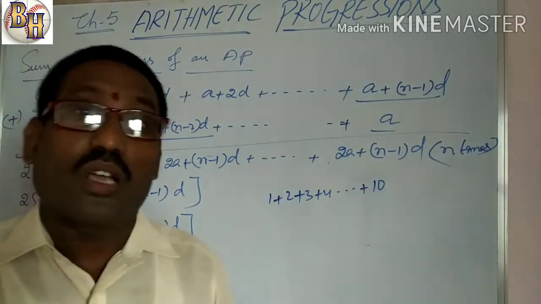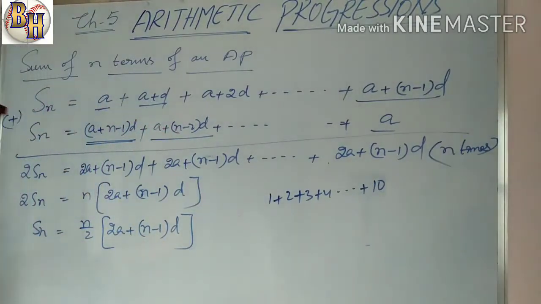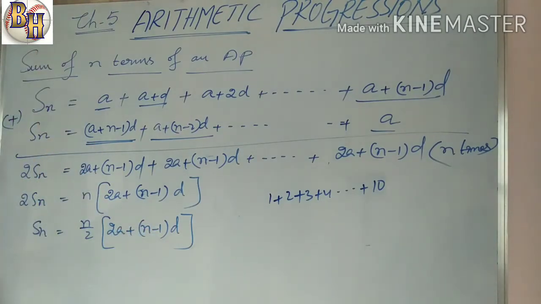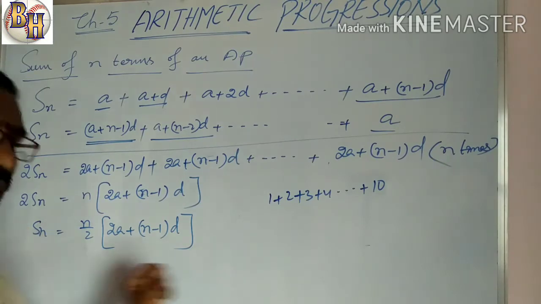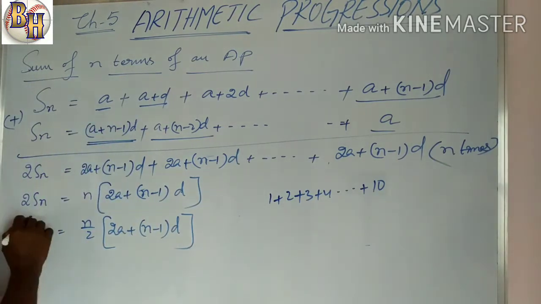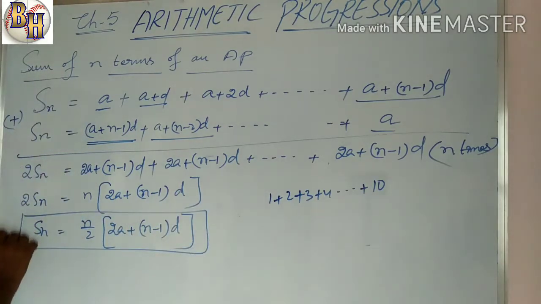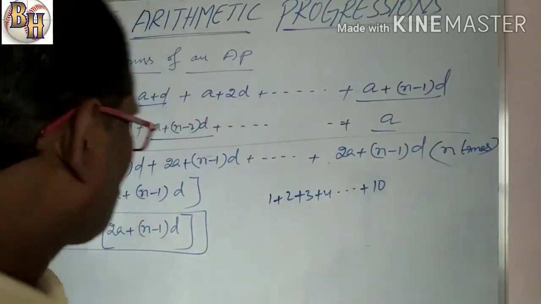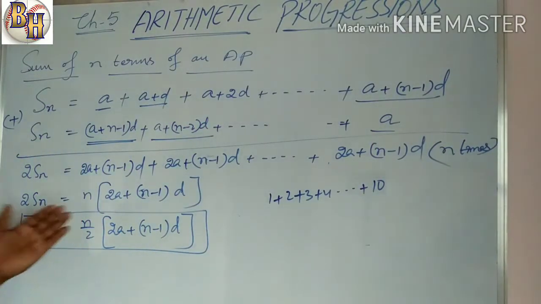Suppose 1000 numbers, or 10,000 numbers, how to do? So for any number, suppose the given terms are in AP, n terms given means just apply this formula. Sn is equal to n by 2 into 2a plus n minus 1 into d. This is the most important formula.